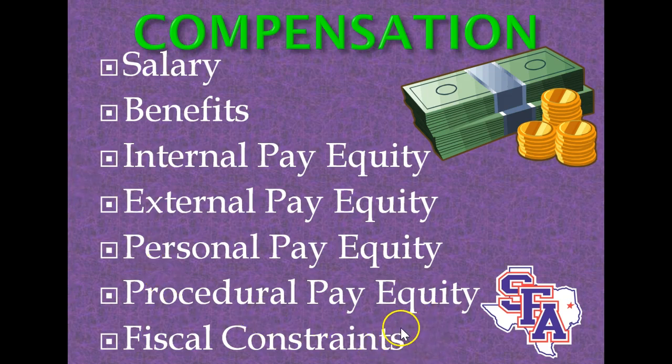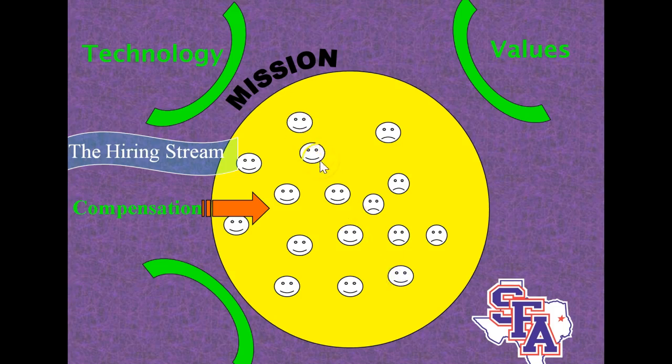I know at SFA we had basically a 4% merit pool for pay increases this year, which, going back here, made several people happy, but where the procedural equity was out of whack, it made several employees unhappy, where they only ended up getting like a 1% raise for whatever reason. It may come down to something we're going to talk about later called politics.